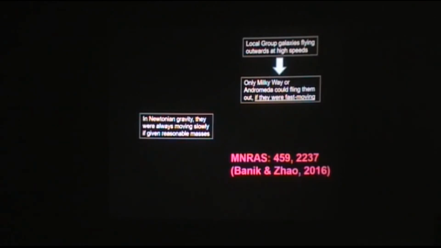The thing is, in Newtonian gravity, the Milky Way and Andromeda have always been moving quite slowly. They haven't undergone a past close flyby. Now, one thing you can do is add lots of invisible dark matter, and that will lead to a close flyby in the past if you add enough. But this model is unrealistic for various reasons.